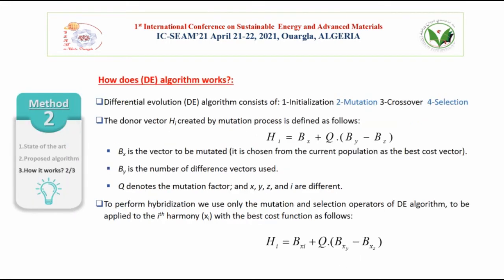In the differential evolution algorithm, we have 4 steps: initialization, mutation, crossover, and then selection. The differential evolution is characterized by the donor vector, which is produced by this equation, where xa, xb, xc are 3 randomly chosen vectors from the current population vectors.